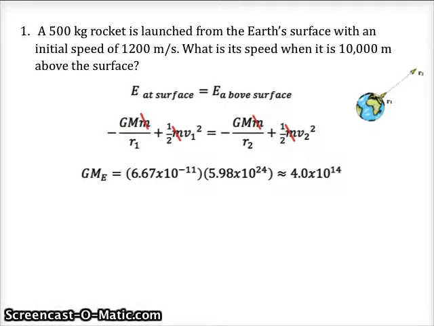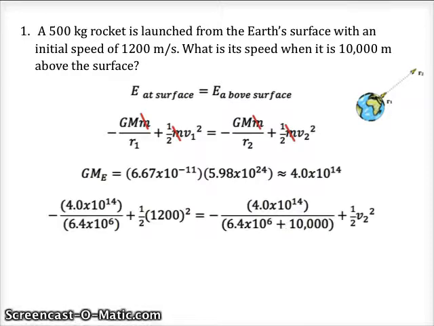It ends up being about 4 times 10 to the 14th. And that way you could just keep that GM chunked together. In fact, this is something that could be stored into your calculator as a value. We'll talk about that in class, how to do that, in case you're getting tired of plugging in all these huge numbers. All right, well, let's use this and plug into our formula here.